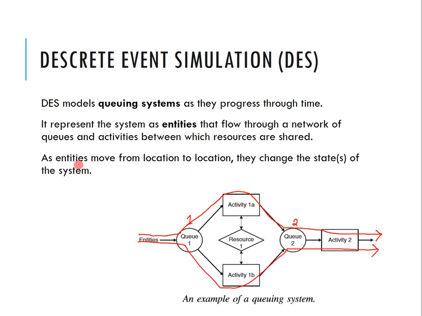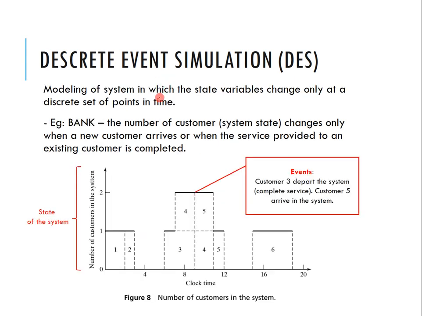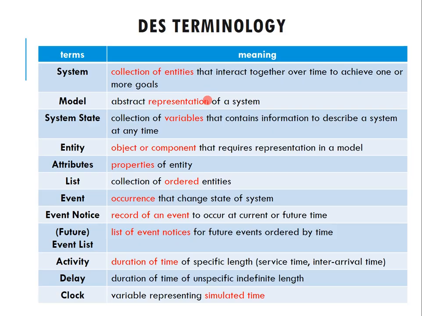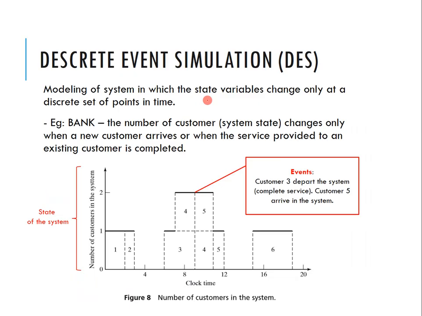So as the entities move from location to location, they change the state of the system. That's the essence of discrete event simulation. As they move from one location to another in the system, it changes the state of the system. Another thing is that the state variable only changes at a specific discrete set of points in time.